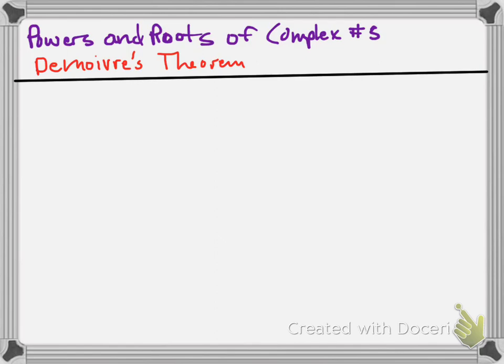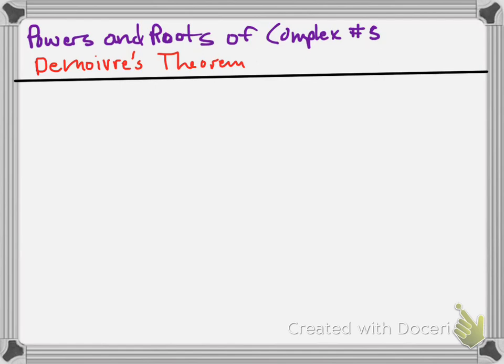Euler's theorem, named after Leonhard Euler, Swiss mathematician. There's not a whole lot of them, okay? Fermat, I think he has one or two. Fermat, another French guy. But De Moivre's theorem is really a very important theorem in complex analysis. And it deals with taking the powers and roots of complex numbers.